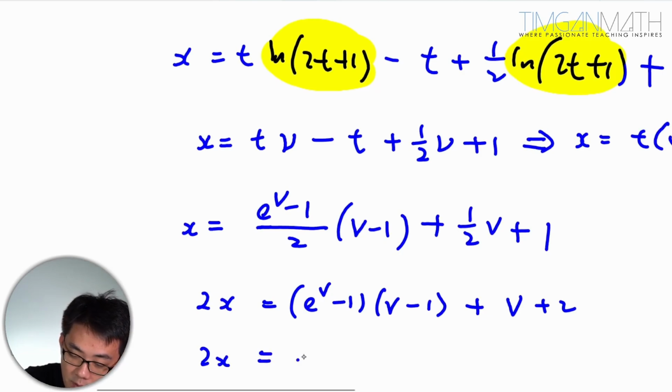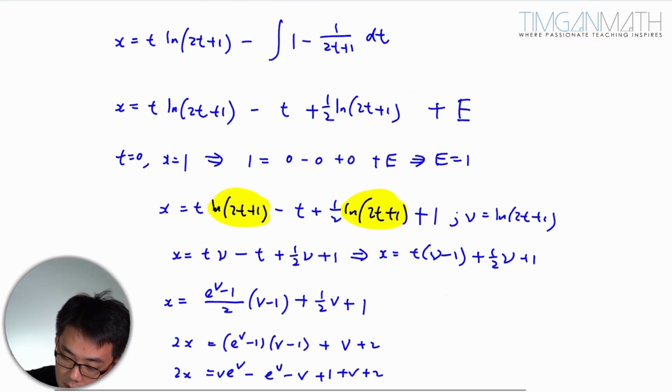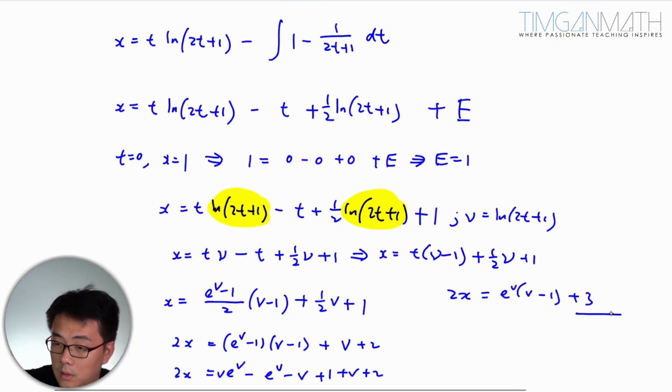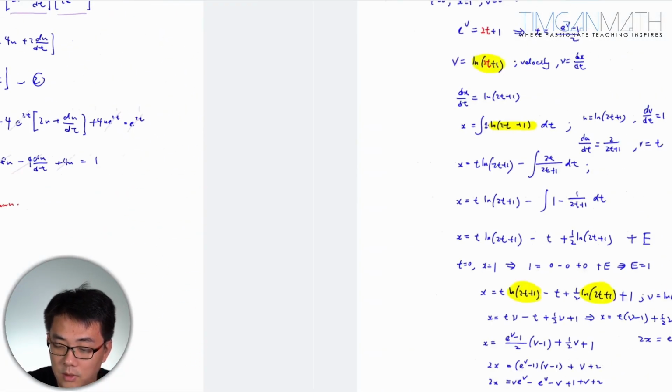I mean, this is more of a manipulation question than anything else. So I'll get this as, yeah, that's how I show it. Okay. So that's how I do this question proficiently.